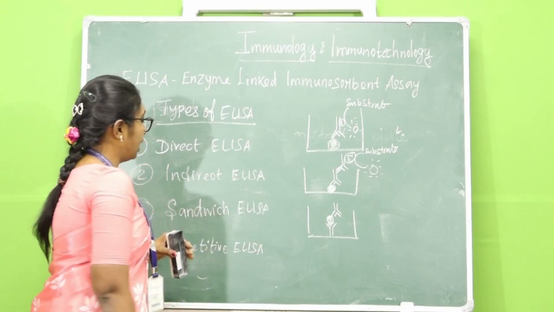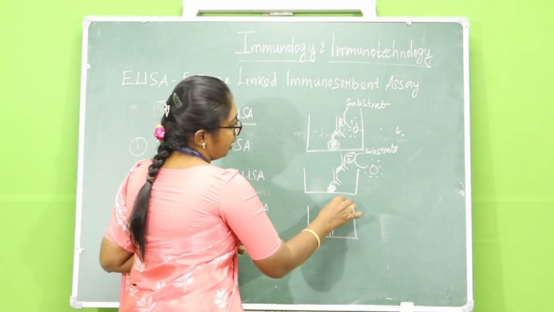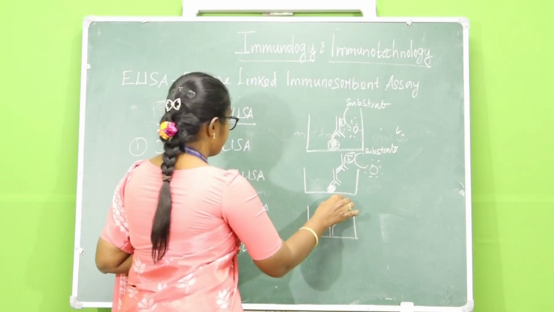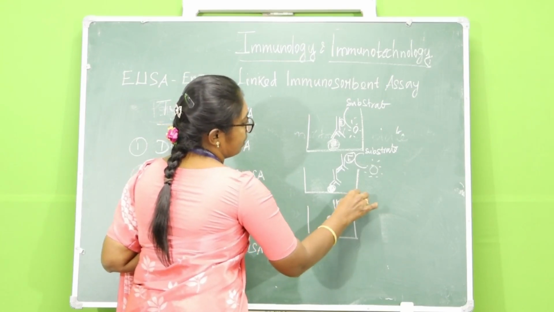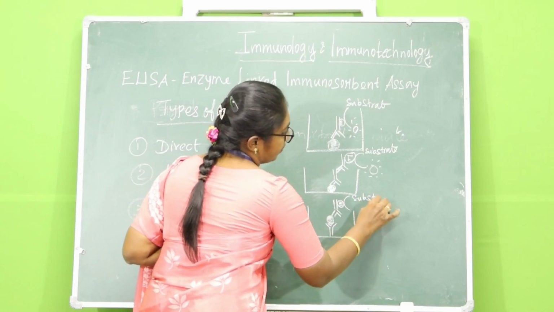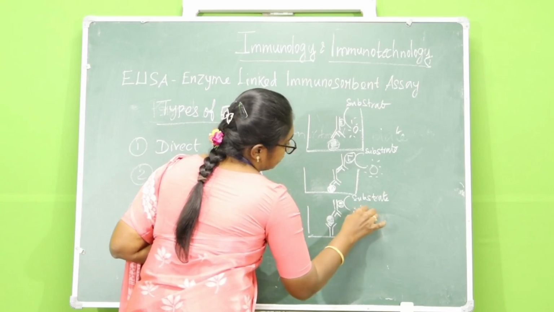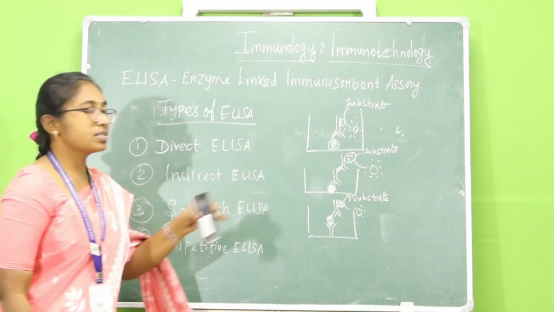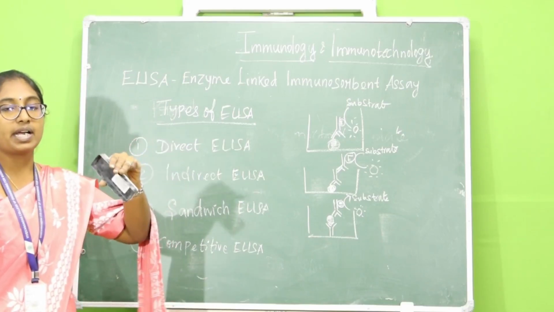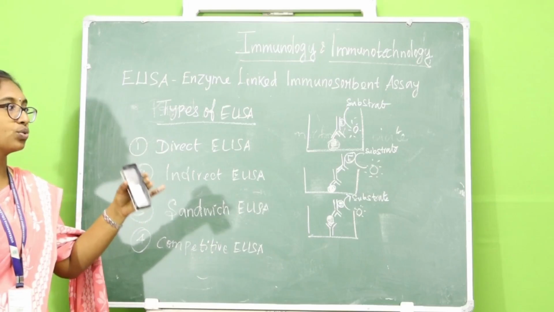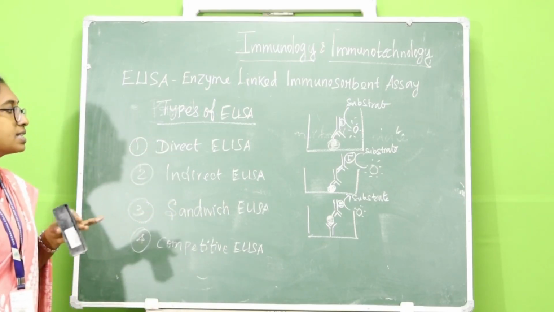In sandwich ELISA, this primary antibody may be attached with the enzyme. To this the substrate will be added, and the substrate will show the color change. So this looks like a sandwich: the capture antibody, then the antigen, then the primary antibody linked with the enzyme. To that we add a substrate which shows the color change. That's why it's called a sandwich ELISA.